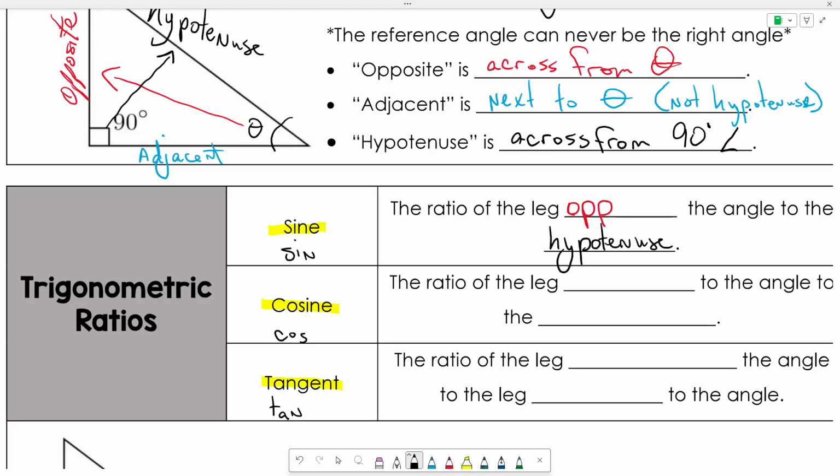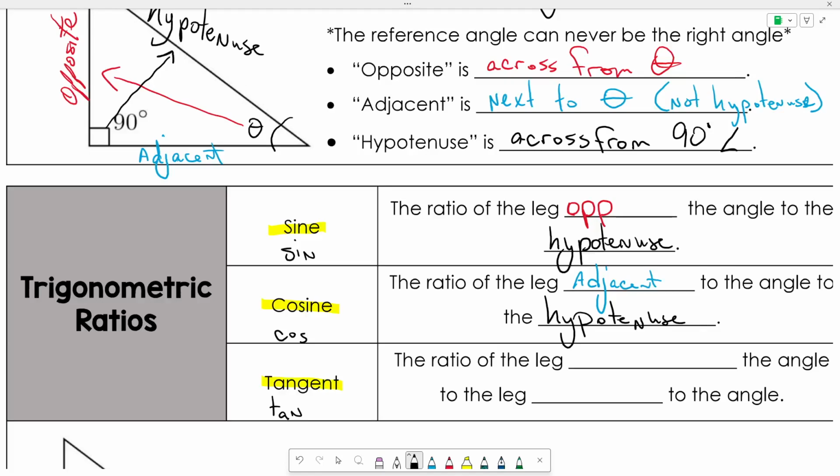The ratio for my cosine, so the ratio of the leg adjacent to my reference angle to the hypotenuse again. Notice both sine and cosine are related to our hypotenuse.